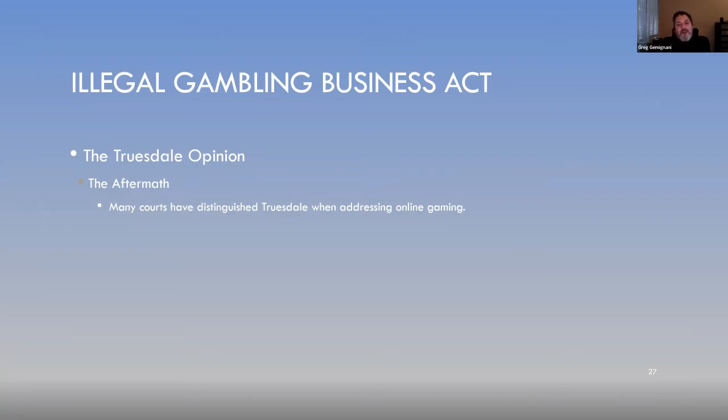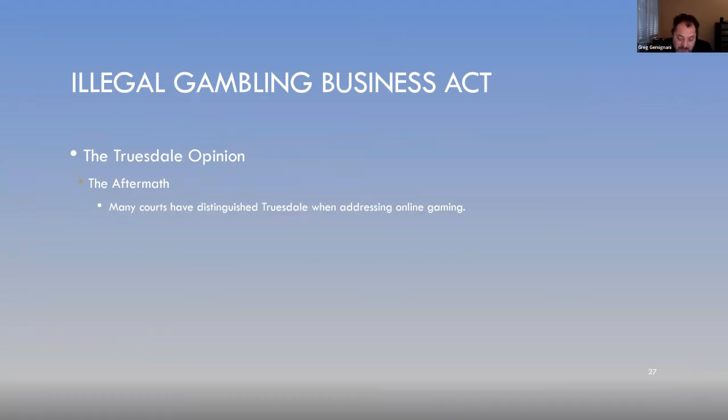Now, if you read the opinion carefully, it doesn't say that online gambling offshore is legal under the Illegal Gambling Business Act, or that the Illegal Gambling Business Act can't be used against offshore gambling. What it does say is that you have to be charged with an offense you actually committed.